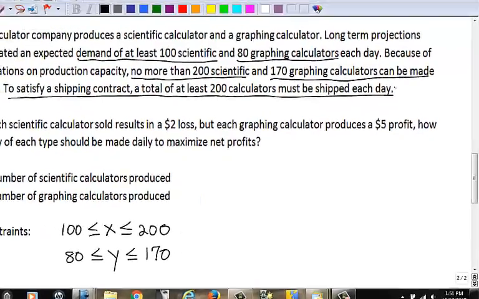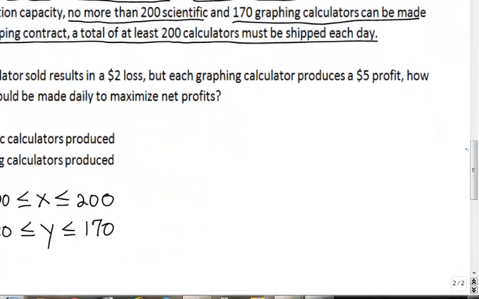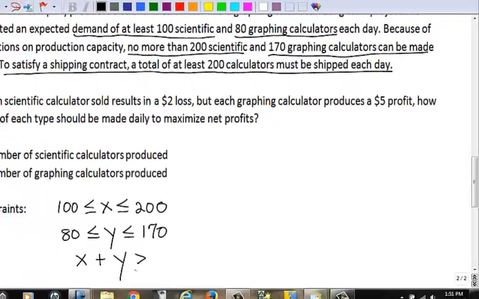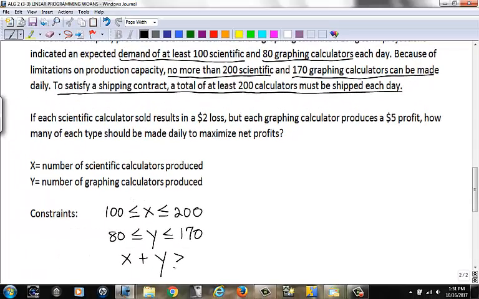Greater than or equal to 200. But what's greater than or equal to 200? x plus y, right? x represents the number of scientific calculators. y represents the number of graphing calculators. And at least, like if I say I'm going to give you at least $5, I'm going to give you 5 or more, right? So if they say you've got to make a total of at least 200, greater than or equal to 200. Those are our constraints.